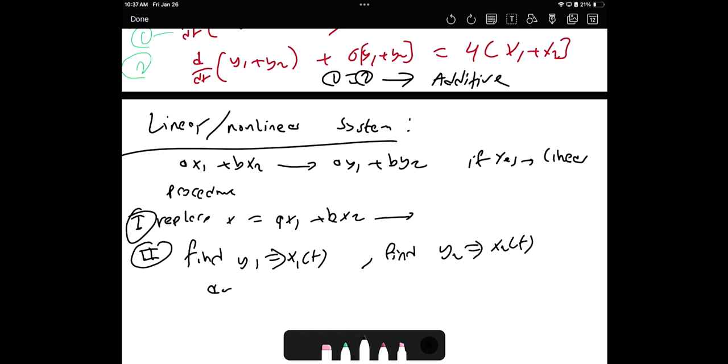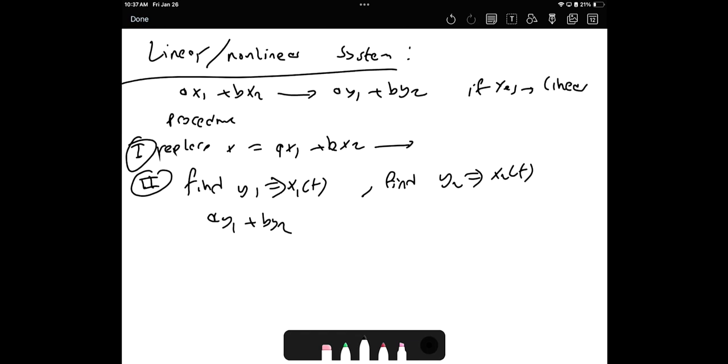After that, make ay1 plus by2 and find the equation. So this will be equation number 2. Then if equation 1 equals equation 2, it is linear. If not, it is not linear. That's the procedure for the first property, which I'm going to call linear or non-linear.